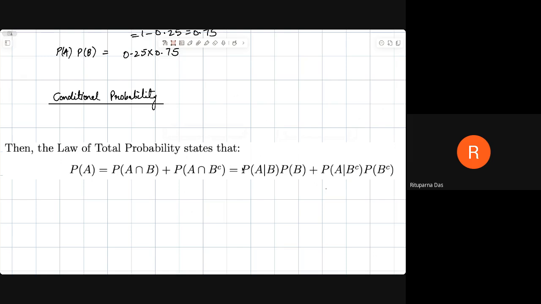And from here we have the statement for Bayes theorem.